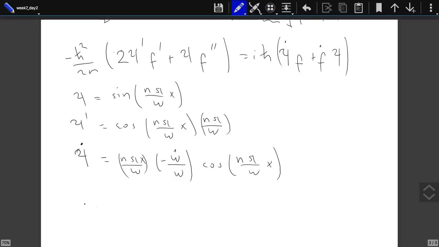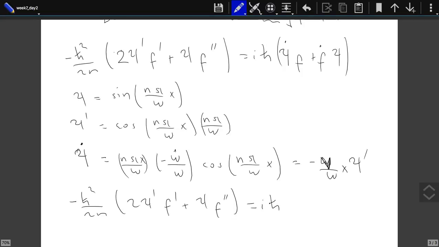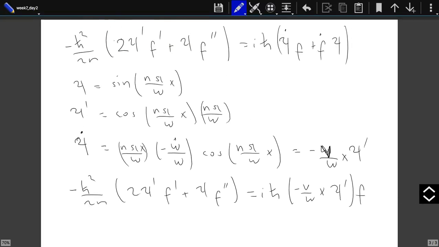Or let's say this is equal to minus v over omega times x times psi prime. If necessary, I will put the psi prime back. So this: minus h bar squared over 2m, twice psi prime f prime plus psi f double prime. This should be equal to i h bar, minus v over omega x psi prime f plus f dot psi.